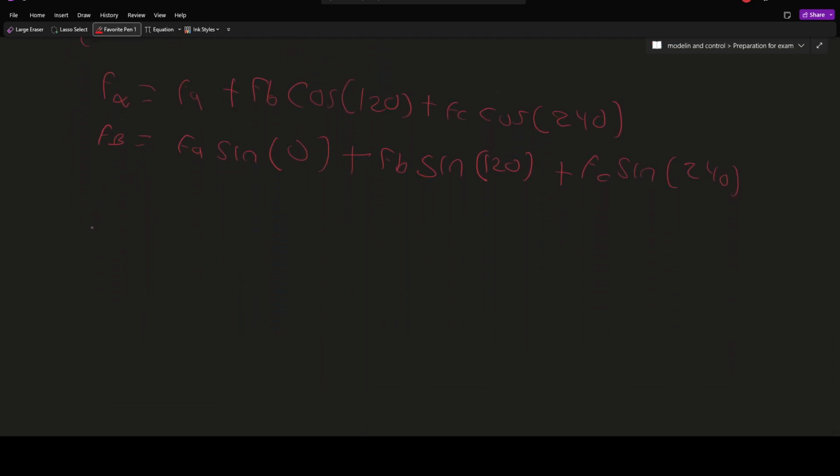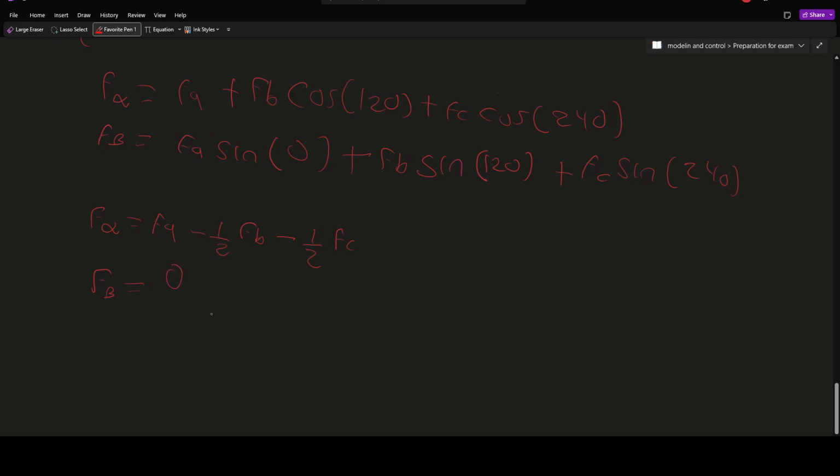Okay, so we simplify this a little bit. It's going to be phasor A, plus phasor B times cos of 120, and that's just minus 1/2 phasor B, minus 1/2, the cos of 240, phasor C. Now for phasor beta, this is just 0.